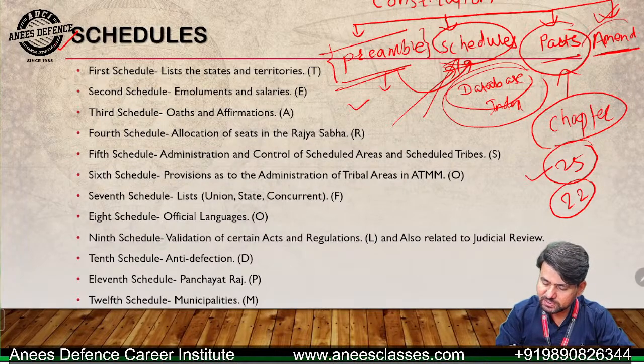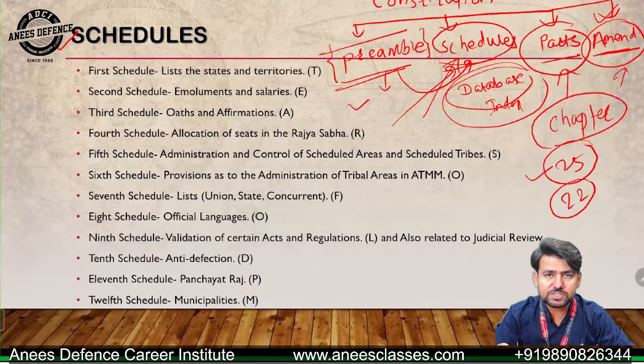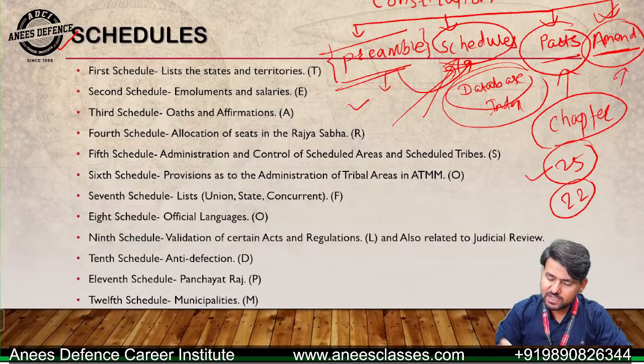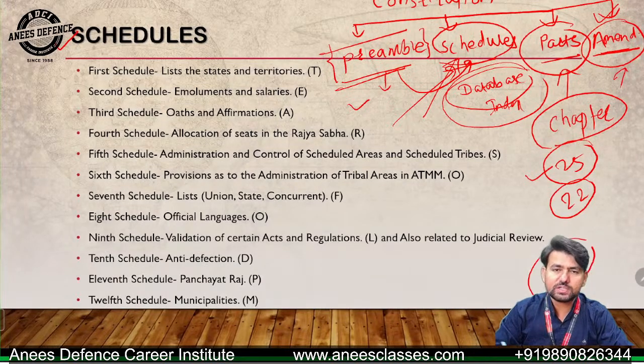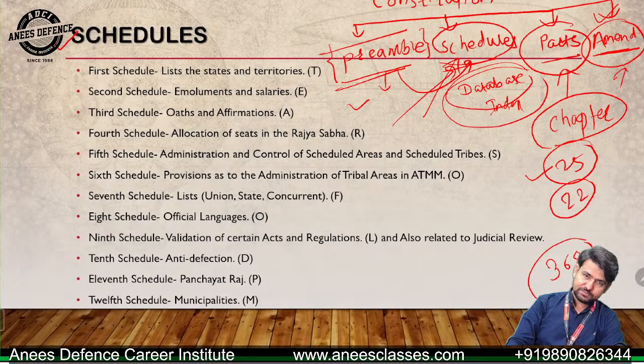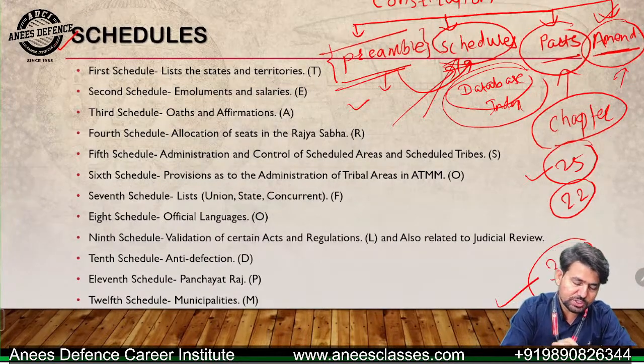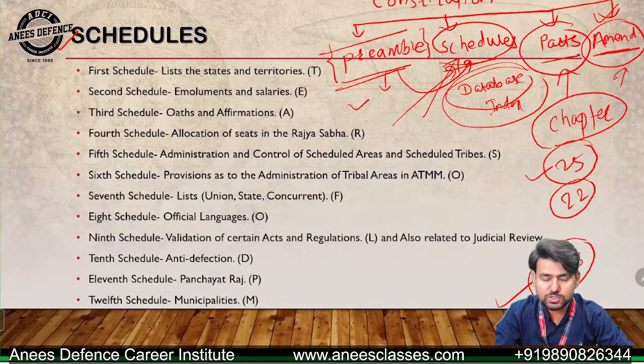And then we have amendments in the constitution. What do we mean by amendments? In simple terms, an amendment means making changes in the constitution. Article 368 of the constitution provides for the amendment of the constitution.